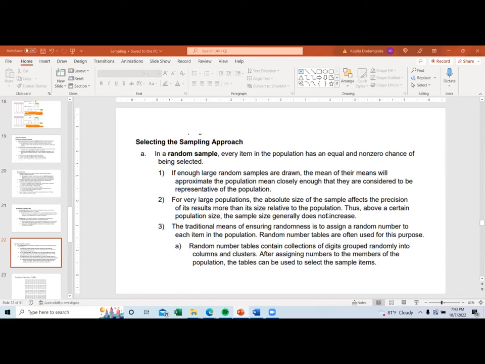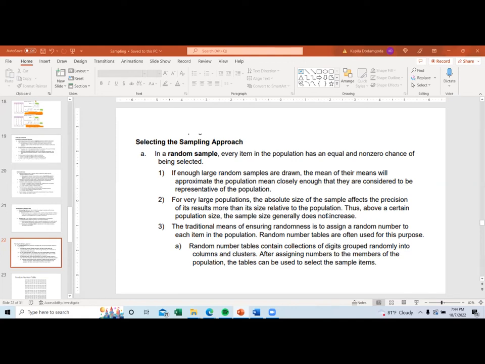So the point is that you can't make a judgment based on a very small sample, but the sample has to reach a particular size, a certain threshold level. And when the population is bigger, the number of items to be included in the sample should also keep on increasing.